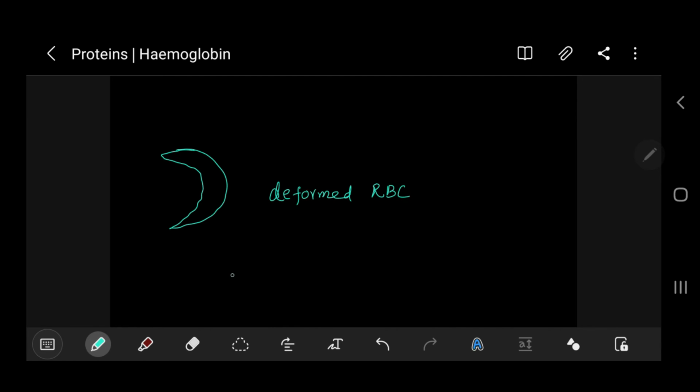A person with this disease has periodic sickle cell crisis.